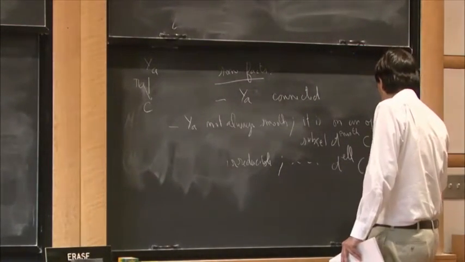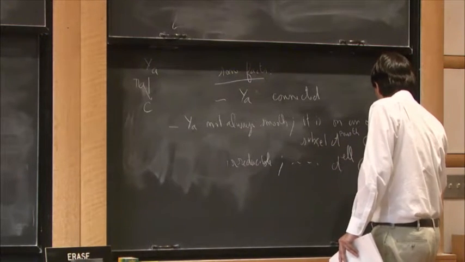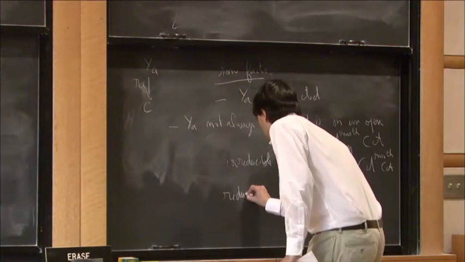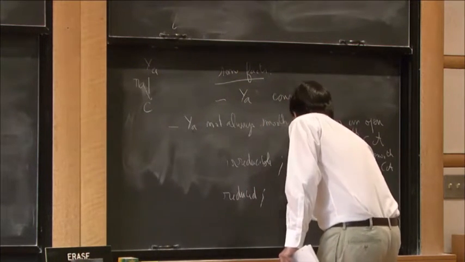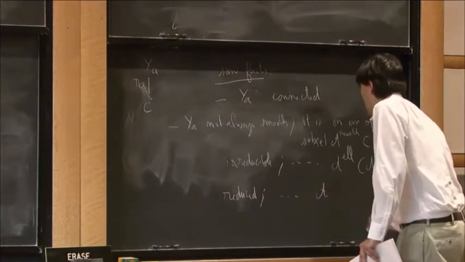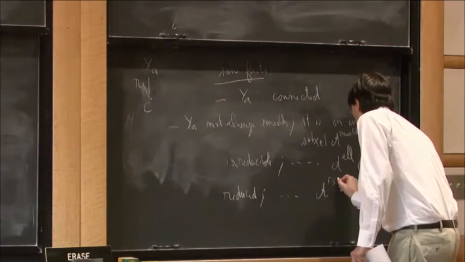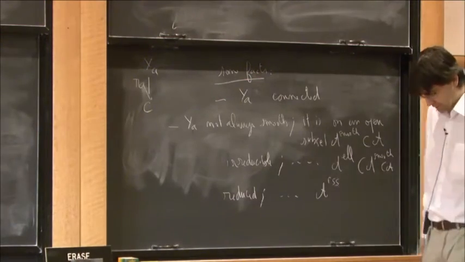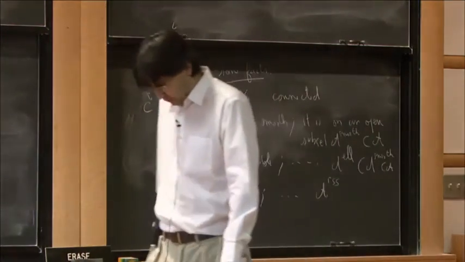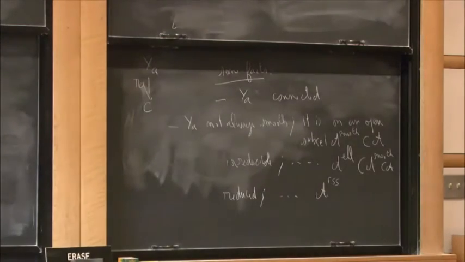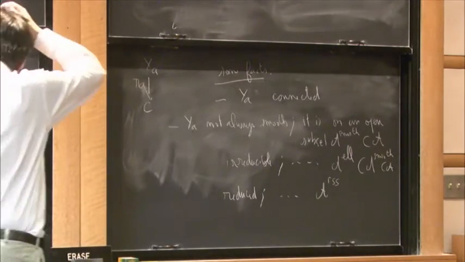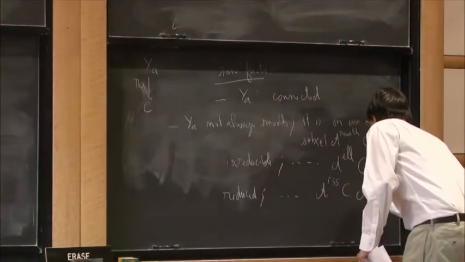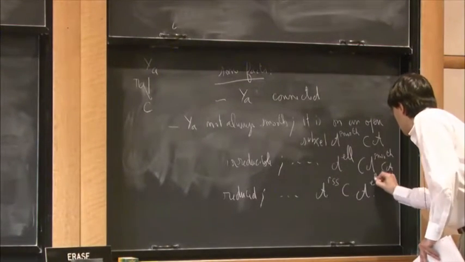And it is not always reduced, but it is on an open dense subset called RSS, for regular semi-simple. This means that the characteristic polynomial, say at the generic point of the curve, is separable.